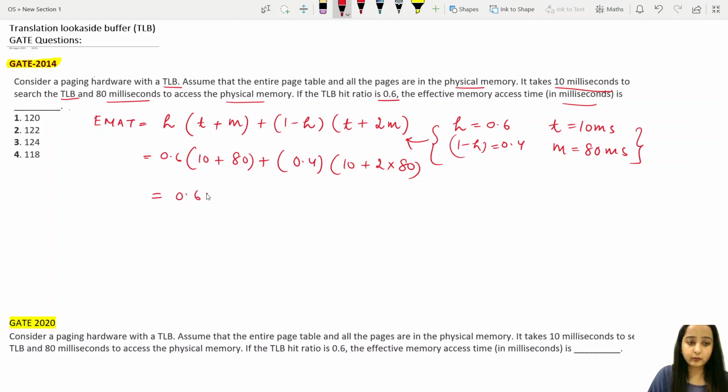So 0.6 multiplied by 90 plus 0.4 multiplied by 170. When you calculate it, it comes out to be approximately 122. The second option is the correct option. I hope this is clear to you.